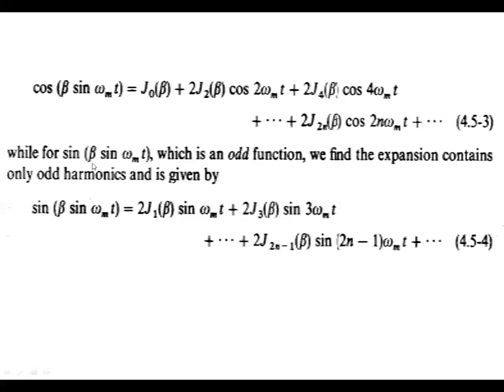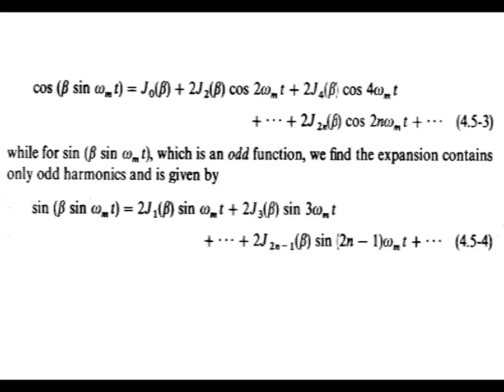Whereas cos(β sin ω_m t) is the even function, sin(β sin ω_m t) is the odd function. The expression for the odd harmonics is sin(β sin ω_m t) equal to 2J_1(β) sin ω_m t plus 2J_3(β) sin 3ω_m t and so on, 2J_(2n-1)(β) sin (2n-1)ω_m t.